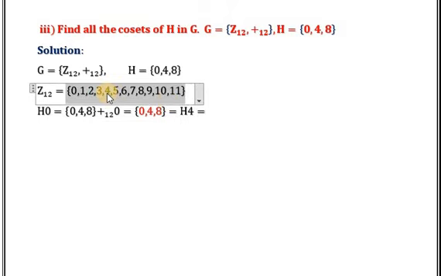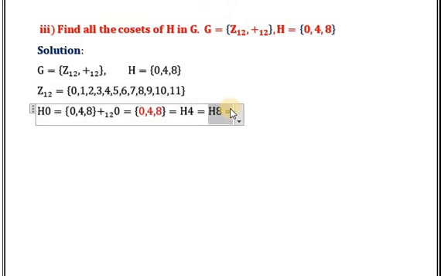With 4, if you operate, 4 plus 0 is 4, then 4 plus 4 is 8, then 4 plus 8 is 12, and 12 means it is 0. So H4 and H0 are the same sets. Again H8 is also the same set, and these three sets are nothing but H itself.